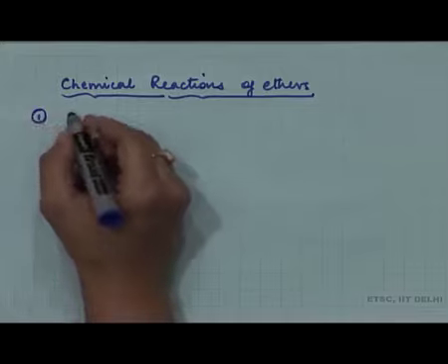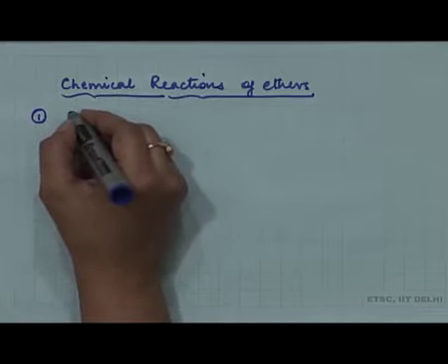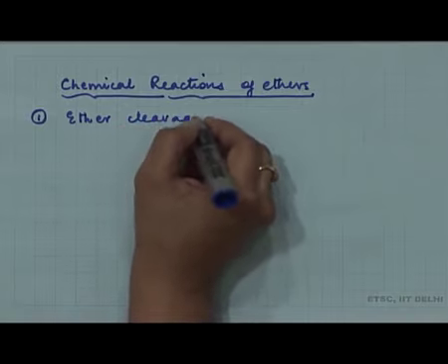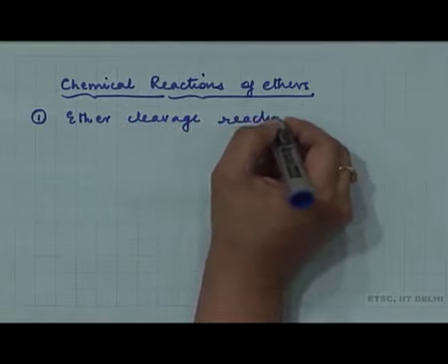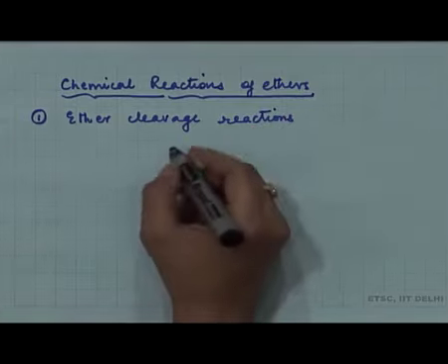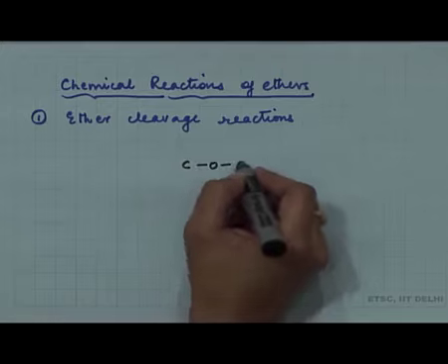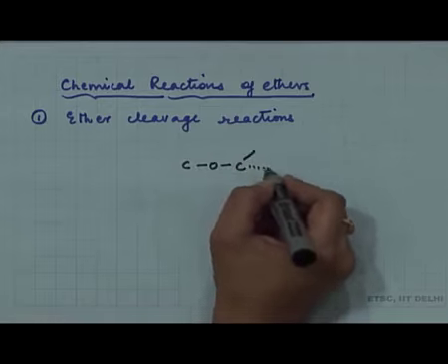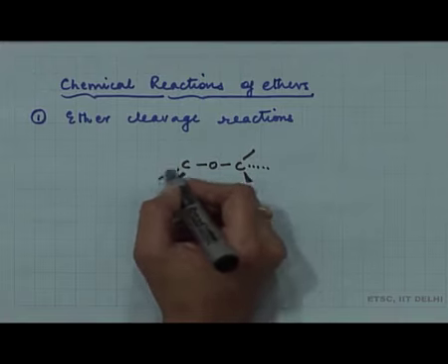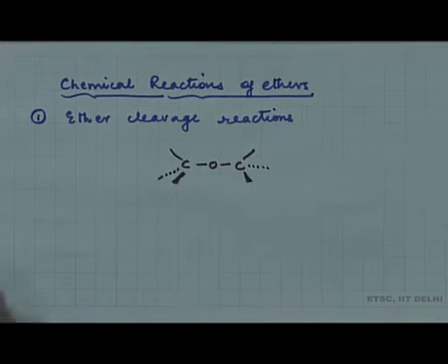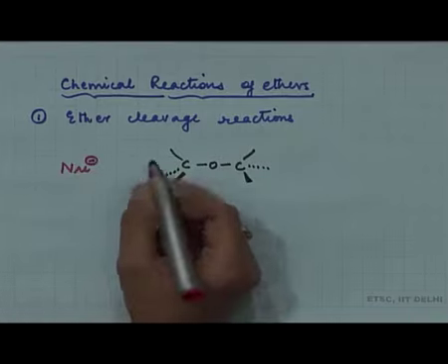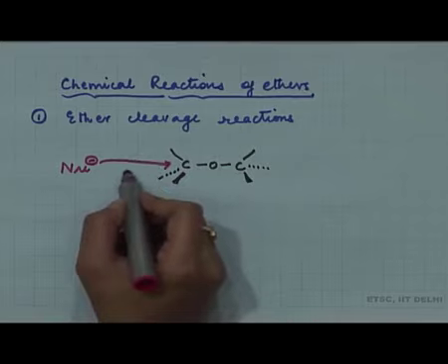So, one of the important classes of reactions is the ether cleavage reactions, in which you have your ether, which is your C-O-C bond, and you have a nucleophile which comes and attacks on this carbon.